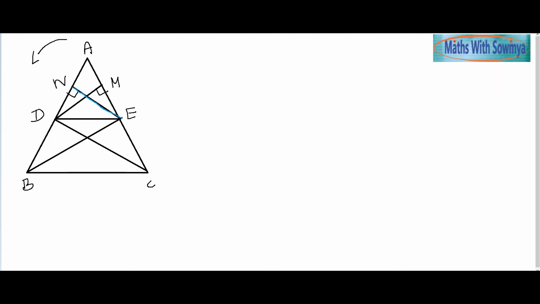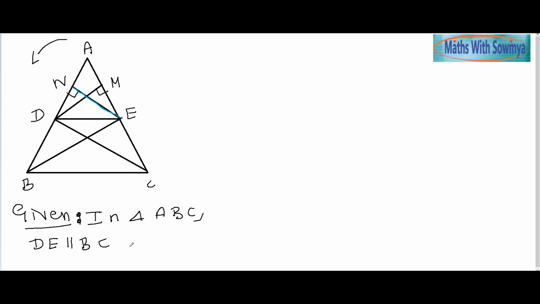Whenever you are asked to prove any theorem, it is very necessary to first write what is given. So you can say in triangle ABC, we have been given DE is parallel to BC.